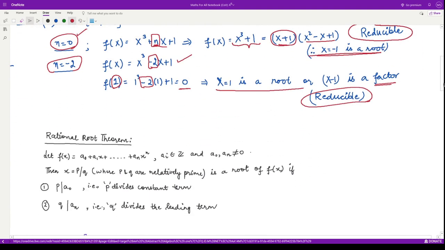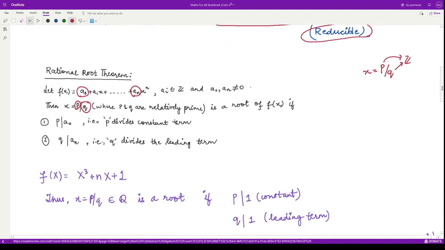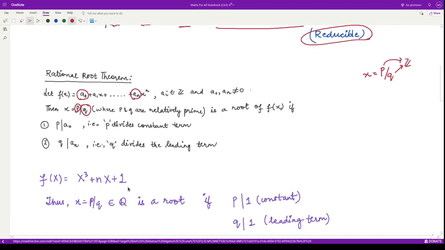For this we can use the rational root theorem. That means if we are looking for some rational root of the form p upon q, where p and q are relatively prime integers, then this is a root of f(x) if the numerator p divides the constant term of the polynomial and the denominator q divides the leading coefficient of this polynomial. In our case the polynomial is x cube plus nx plus 1.